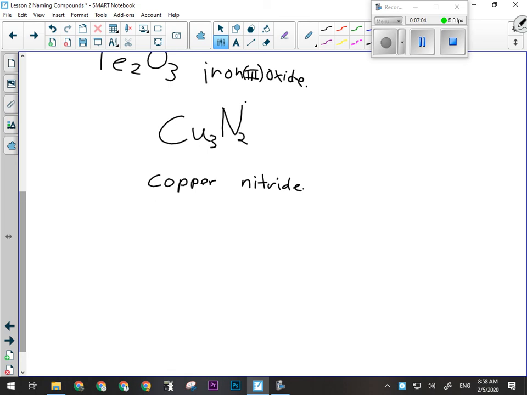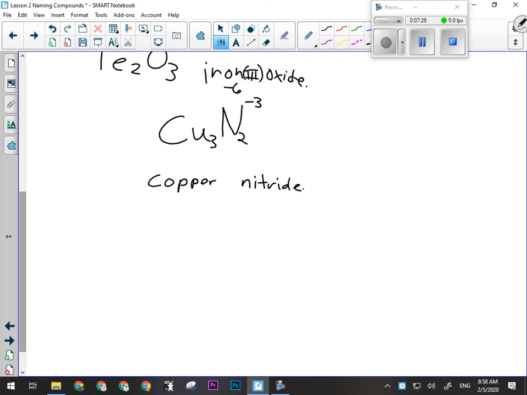Nitrogen is always a -3. So every nitrogen carries 3 negative charges, and I have how many nitrogens here? I have 2 nitrogens. Each one carries 3 negative charges for a total of how many negatives? -6.